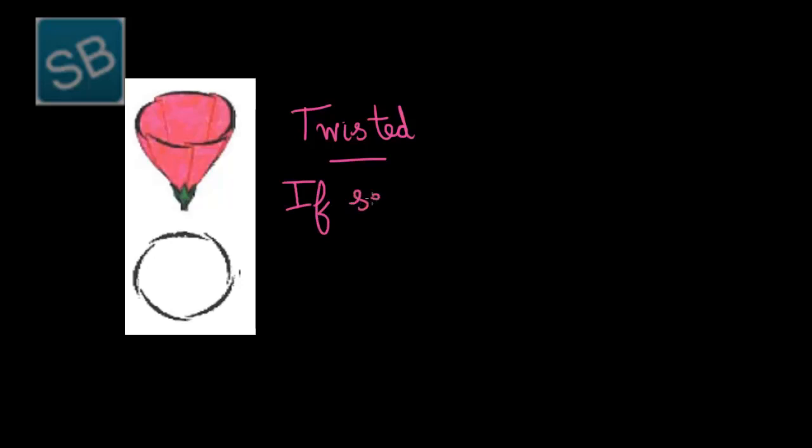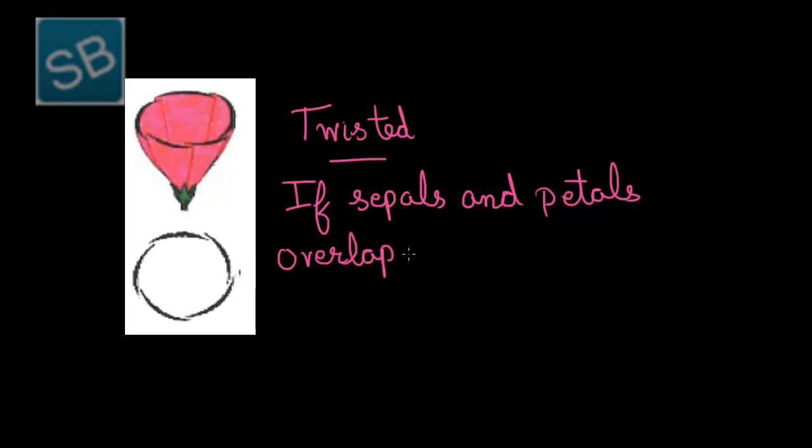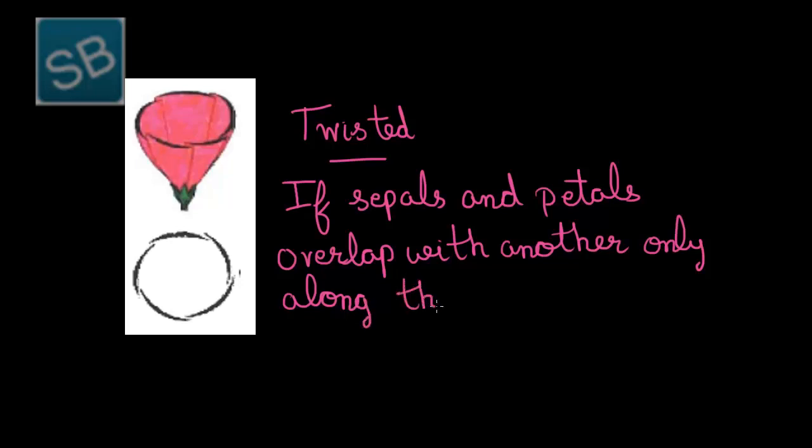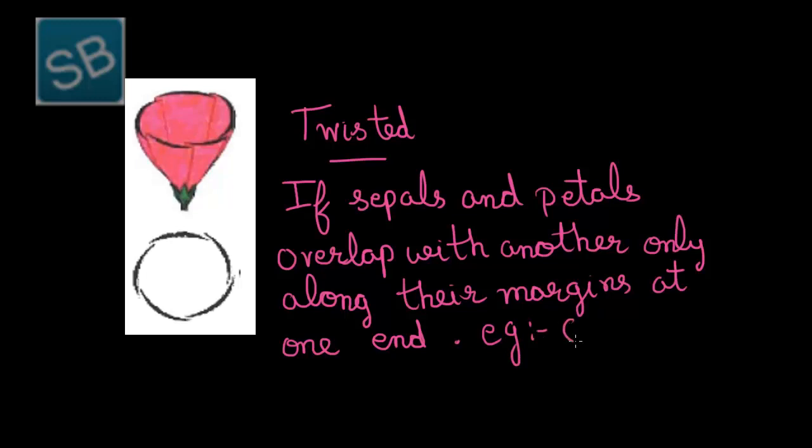Therefore, if sepals and petals overlap one another only along their margins, at one end, then the type of aestivation is twisted.